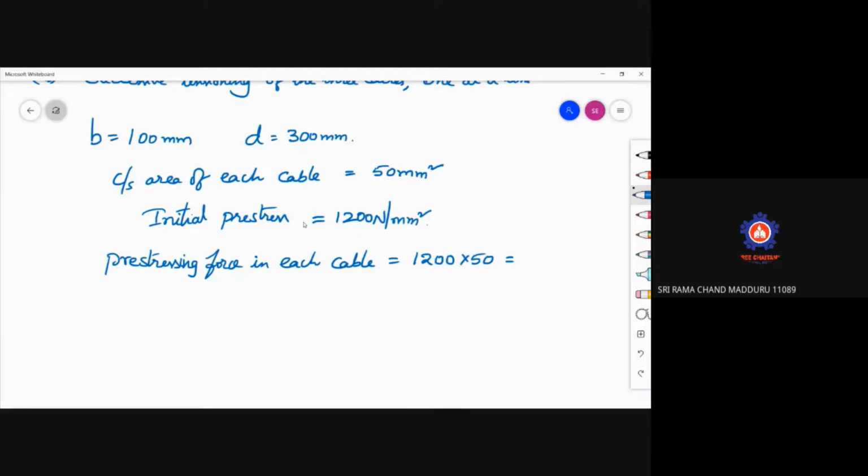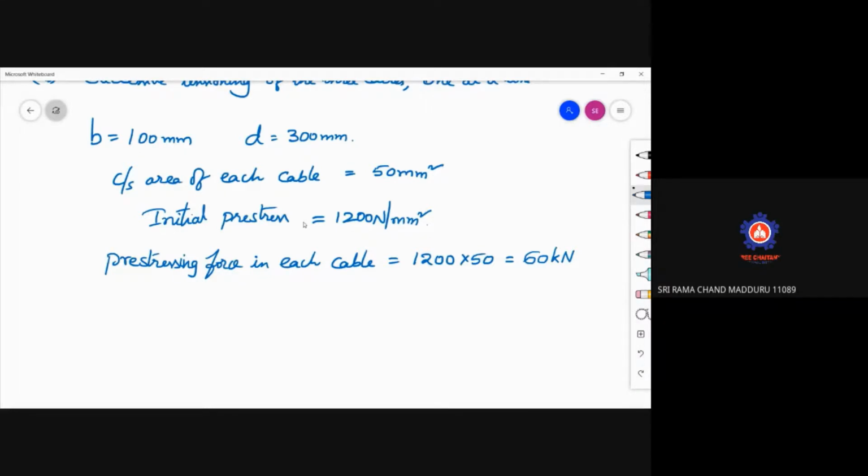Now tell me, what is this pre-stressing force? 60,000 newtons, that is 60 into 10 cube newtons. You can take it as 60 kilonewtons. So the pre-stressing force in each cable is equal to 60 kilonewtons.